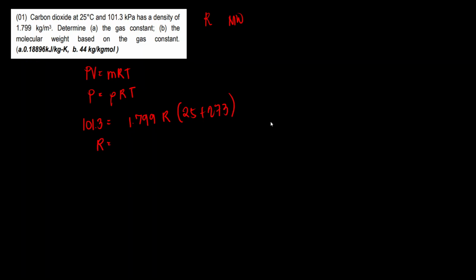So, ang R dito is equivalent to 0.18896 kilojoule per kilogram Kelvin, okay? So, ayan. Molecular weight, we know that the R constant or the gas constant is equivalent to R bar over the molecular weight.